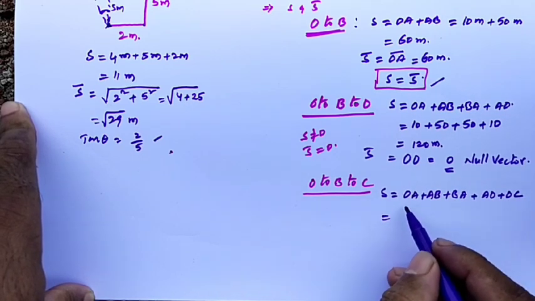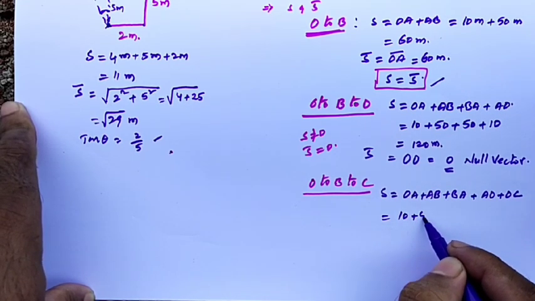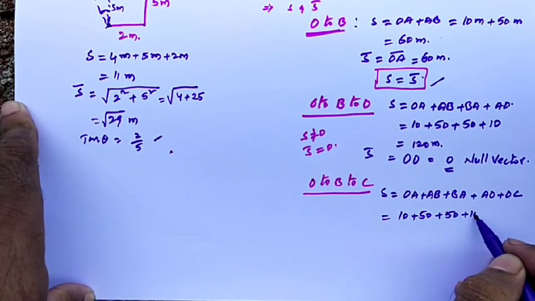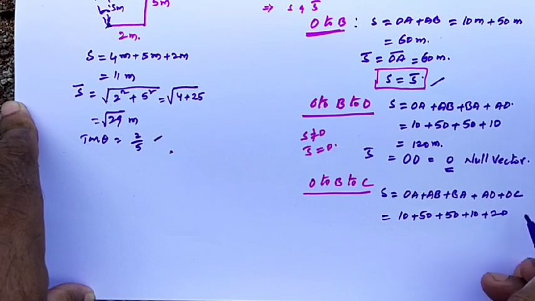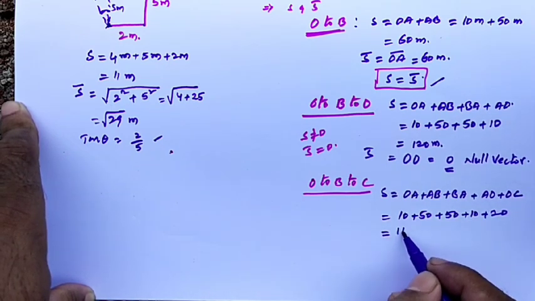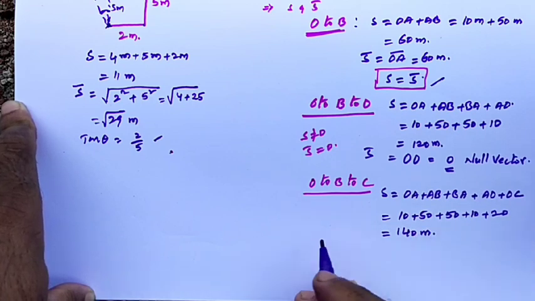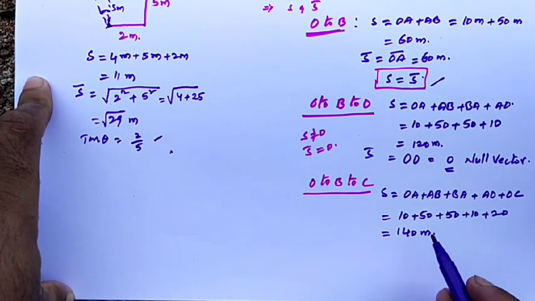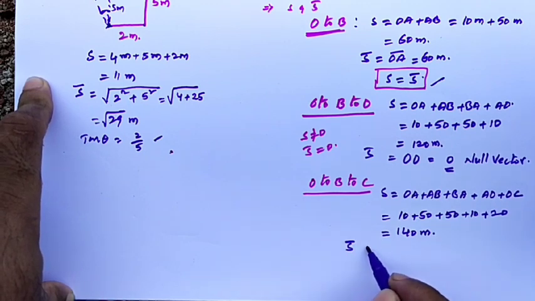Am I correct? Now 10 plus 50 plus 50 plus 10 plus 20. How much is this? 140 meters. So in this case, the distance is 140 meters.